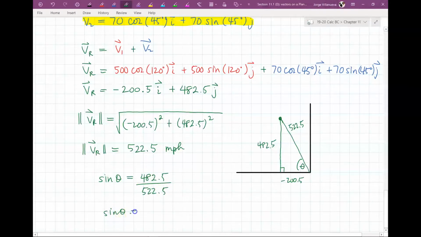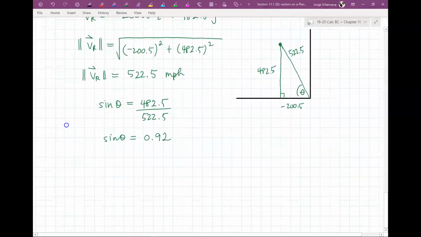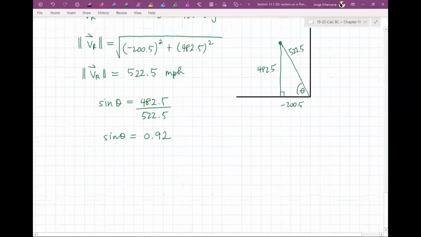So that means sine of theta is 0.92. So you do your sine inverse and we get this, 67.4 degrees. Is this plane traveling at 67.4 degrees?